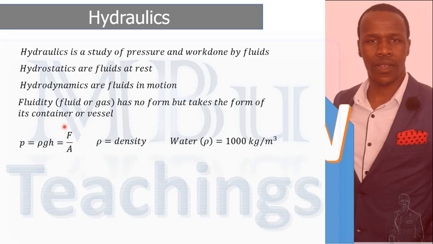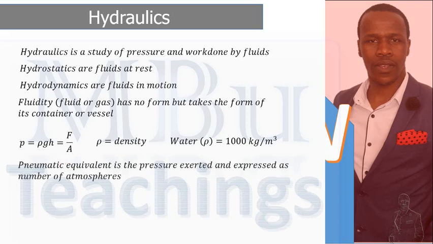Then we also have the second formula, force over area, again being the formula of pressure. But now when we deal with things that are affected by Pascal's law, that means closed systems, we have this measuring stick called pneumatic equivalence. A pneumatic equivalent is the pressure exerted, expressed as a number of atmospheres.